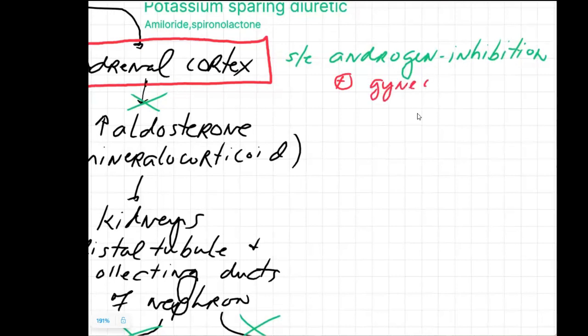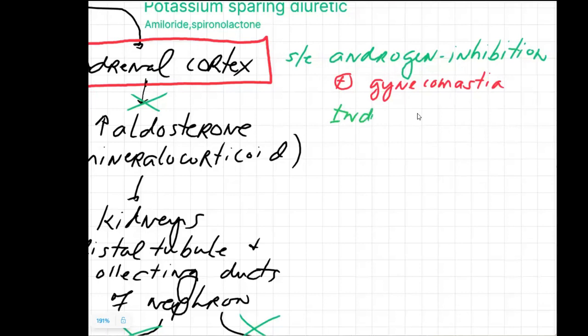Now, conversely, spironolactone, because of its androgen inhibition action, is also indicated for acne in females.